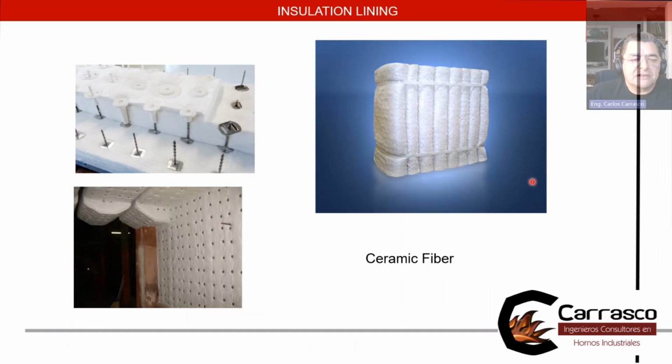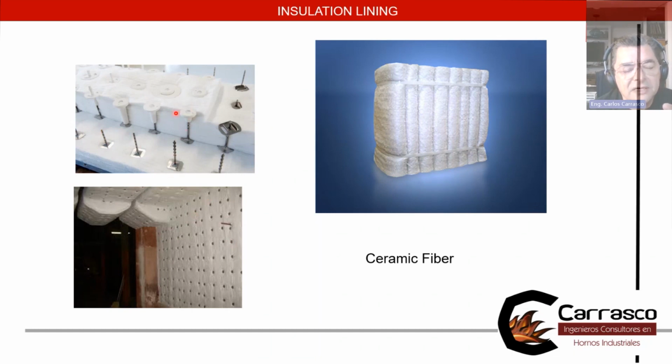Sometimes the applications are different, and I can use what is called ceramic fibers. When I use ceramic fibers, because it's very porous, I can isolate very well the heat from the outside of the furnace. There are different techniques to make modules like this, and the modules can be anchored to the walls of the furnace in different ways. I have anchors like this.